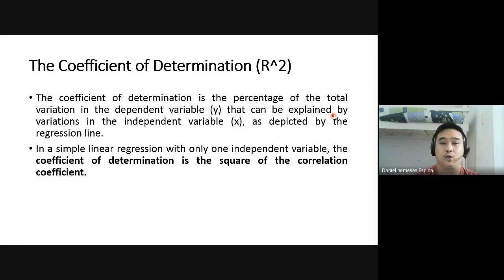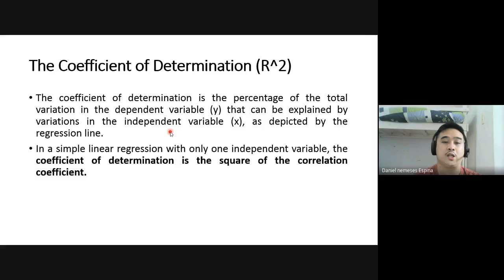Okay, so it means that the percentage of the total variation in the dependent variable can be explained by the variations in the independent variable. Okay, so meaning whatever is the resulting coefficient of determination, pwede ka makarely sa imong correlation coefficient.